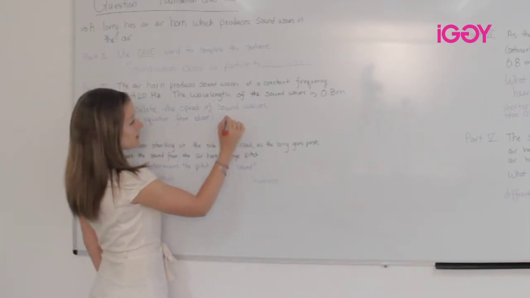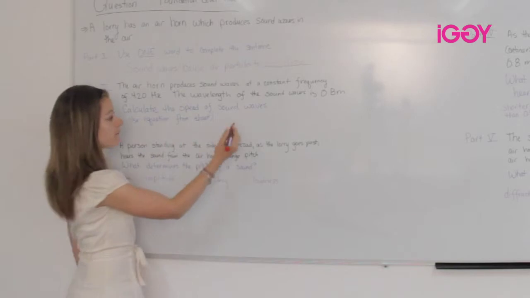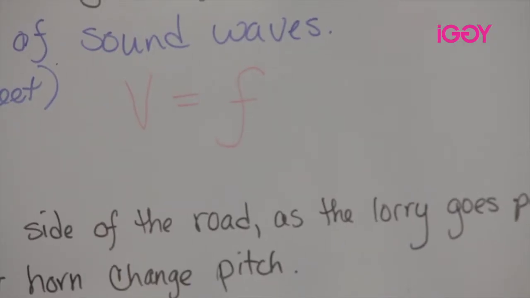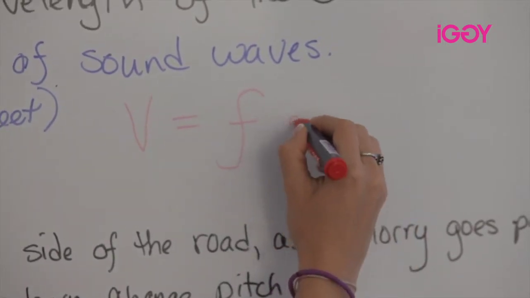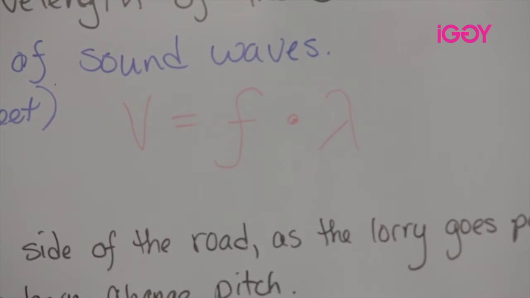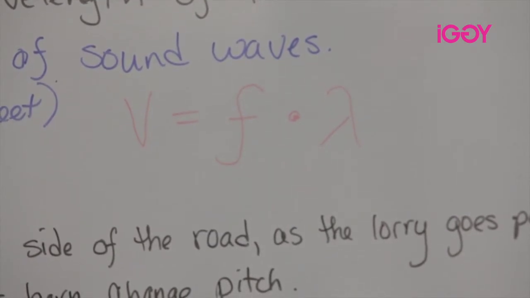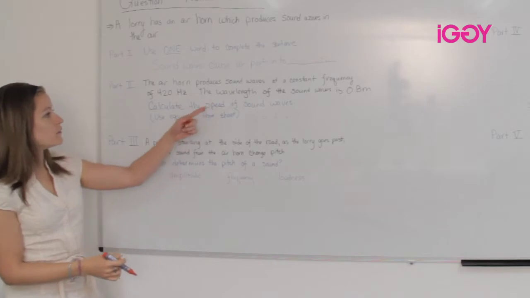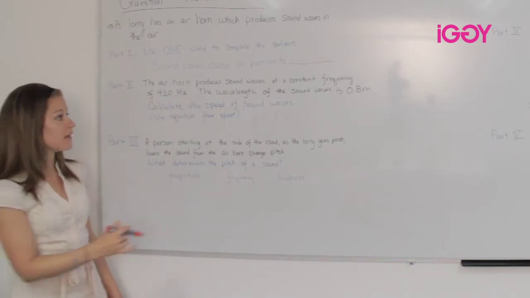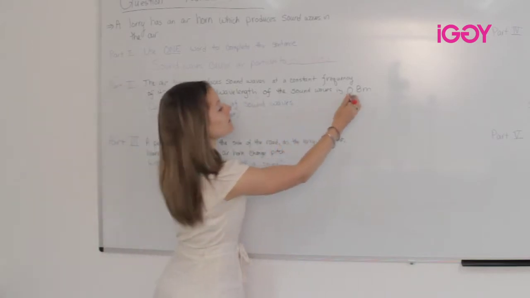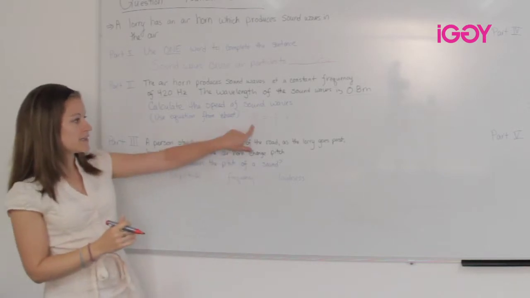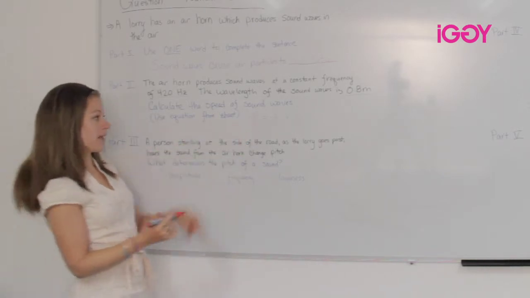So the equation looks like this. We've got speed, which I'm representing by v, equals frequency, which I represent by f, multiplied by lambda, which is often used as the symbol for wavelength. In this case, we're given the frequency as 420 hertz and the wavelength as 0.8 meters. So those are the two numbers I need to plug into this equation to get my answer.